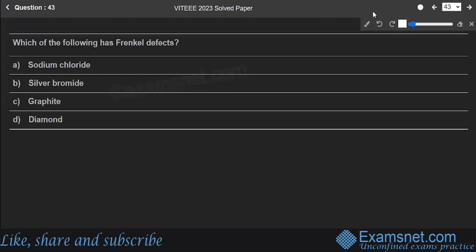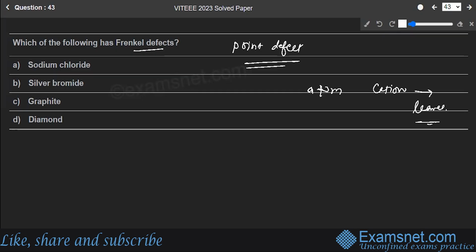Question number 43. Which of the following has Frenkel defect? Sodium chloride, silver bromide, graphite, and diamond. Before answering the question, I would like to talk about the Frenkel defect. A Frenkel defect is a form of point defect which is created when an atom or cation leaves the original place in the lattice structure to create a vacancy while occupying another interstitial position within the solid crystal.